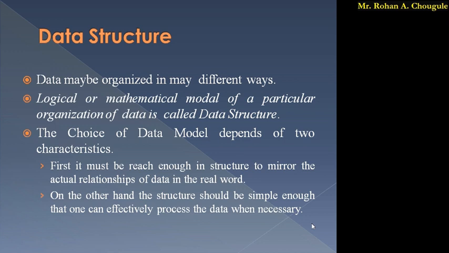Whatever data structure we use to store the data, we have to choose it in such a way that it gives the actual relationship of data in the real world.